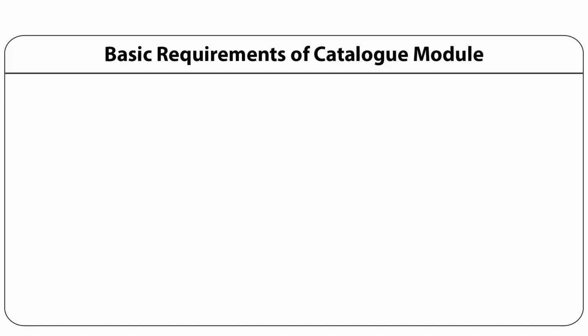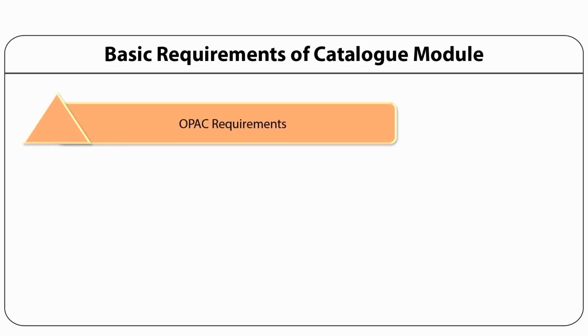Basic requirements of catalog module. OPAC requirements. The integrated library management system should facilitate the following functionalities with regard to web OPAC or OPAC.